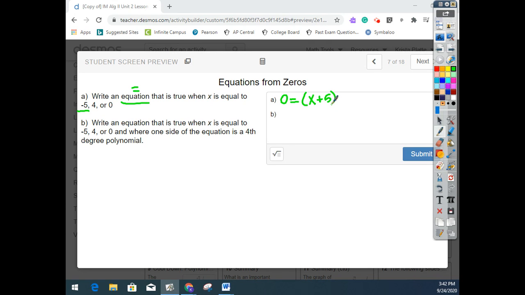If I have x plus 5, when I put -5 in for x, that makes this part of the equation equal 0. Times, if 4 makes the equation equal 0, I take x minus 4. And anytime you've got a 0, you just stick the x. Usually we put it at the beginning, but the beginning or end, I don't care. Okay, these are the big ideas.